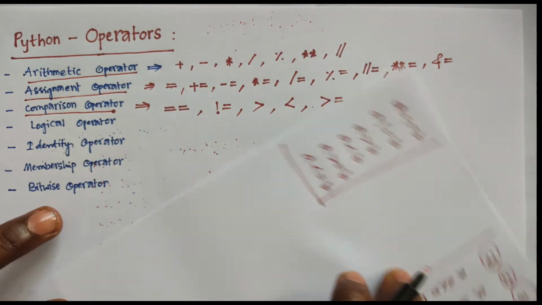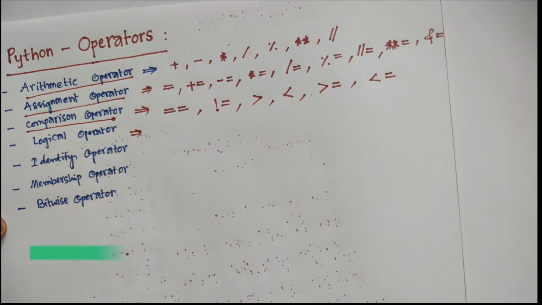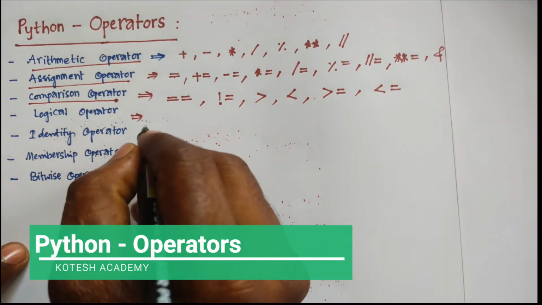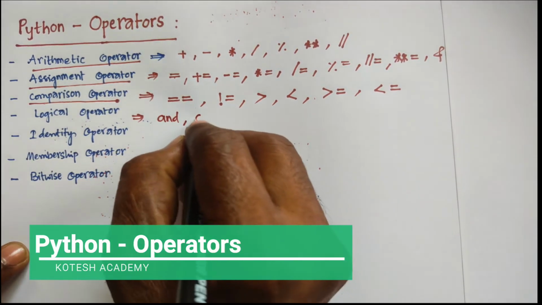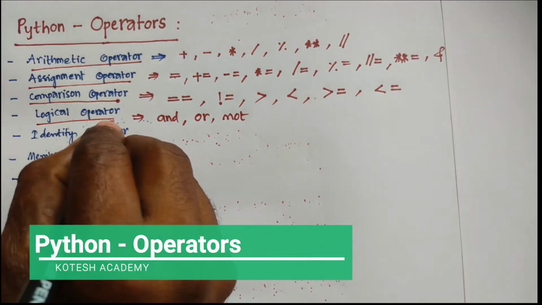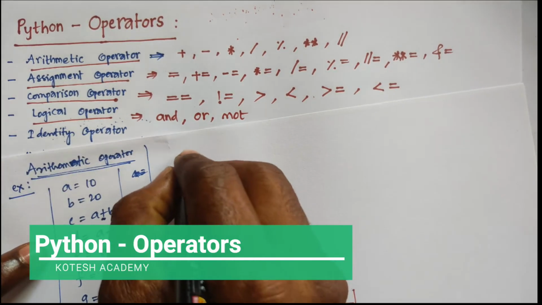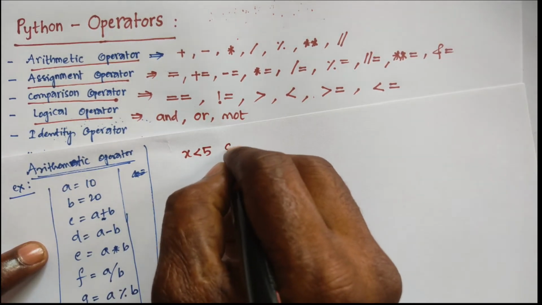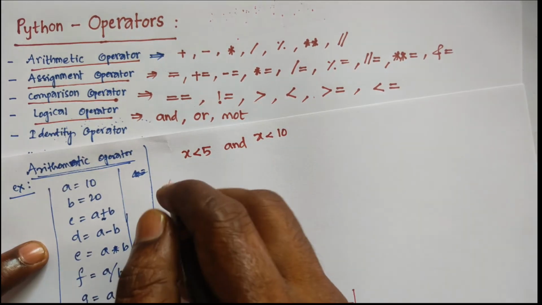Okay. Next one is logical operators. Logical operators we prefer are and, or, and not. So these are the logical operators. The examples for this: x less than 5 and x less than 10, like that we can take.